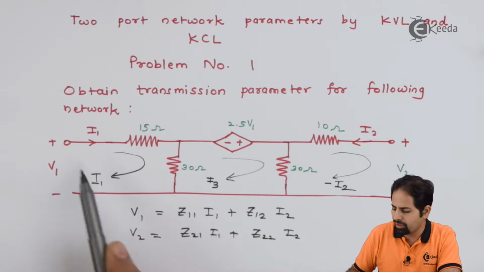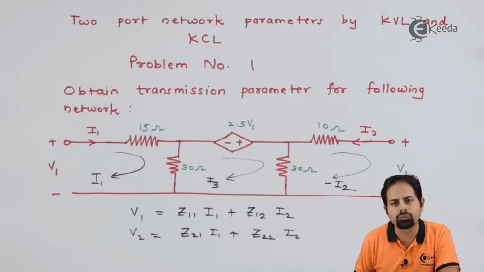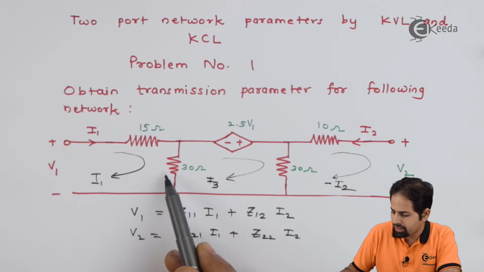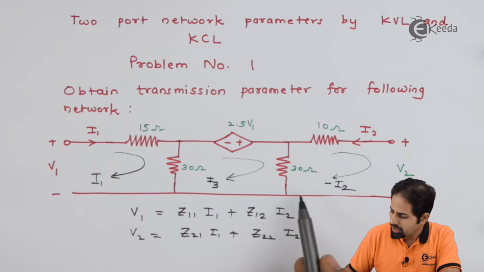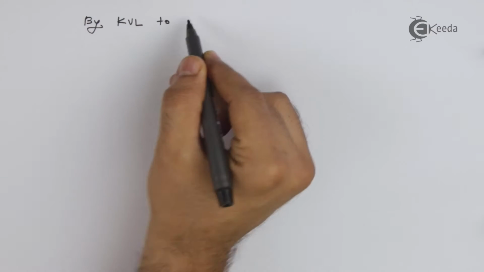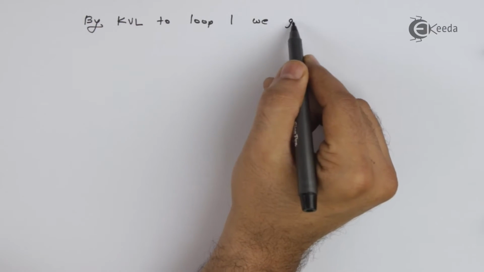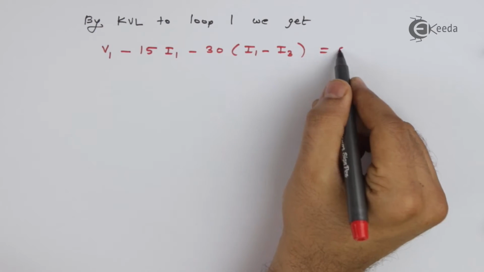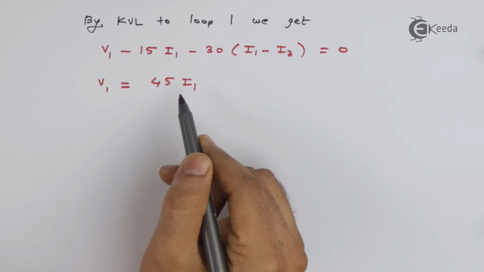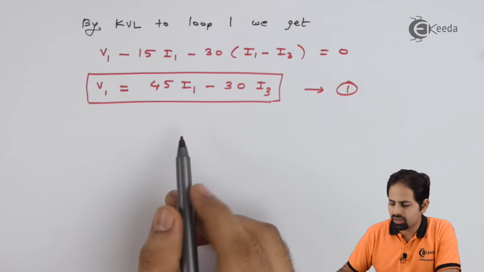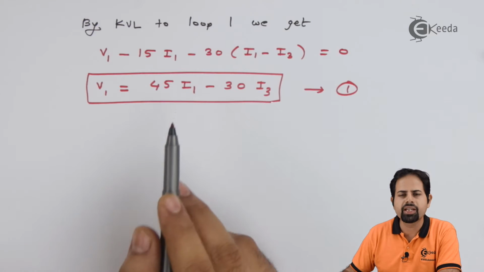So I will apply KVL to loop number 1, loop number 2 and loop number 3. By KVL to loop number 1, it should yield me V1 minus 15 into I1 minus 30 into I1 minus I3. So this is the equation that we have got by applying KVL to loop 1.